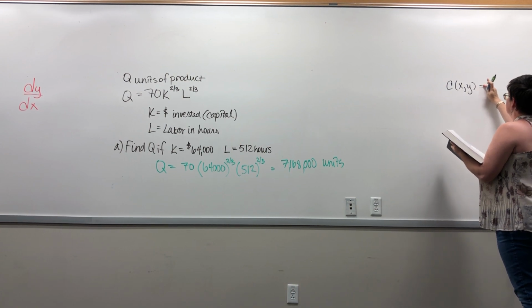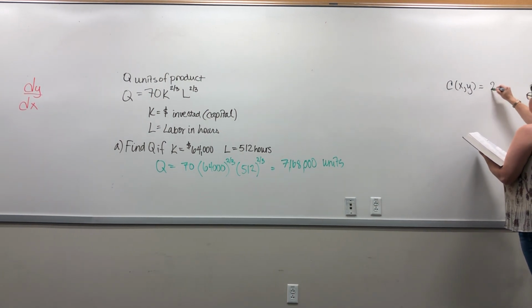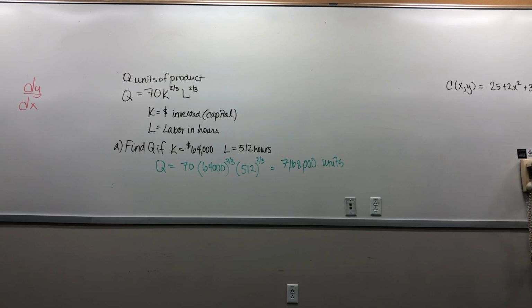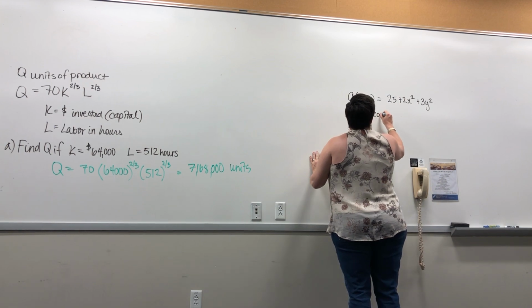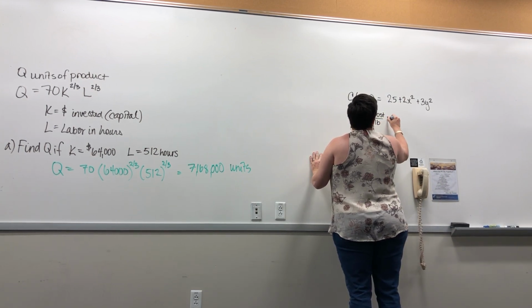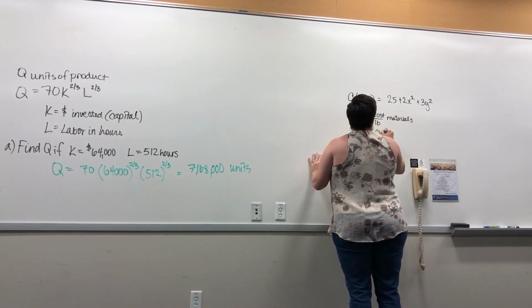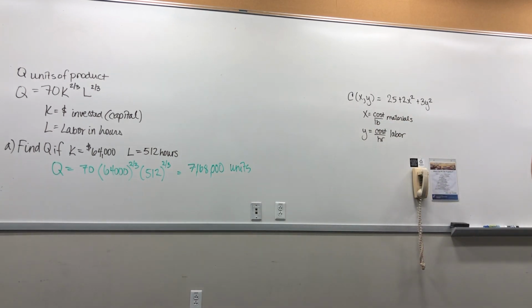C equals 25 plus 2x squared plus 3y squared, where x is the cost per pound for material and y is the cost per hour of labor. Cost per pound, cost per hour.